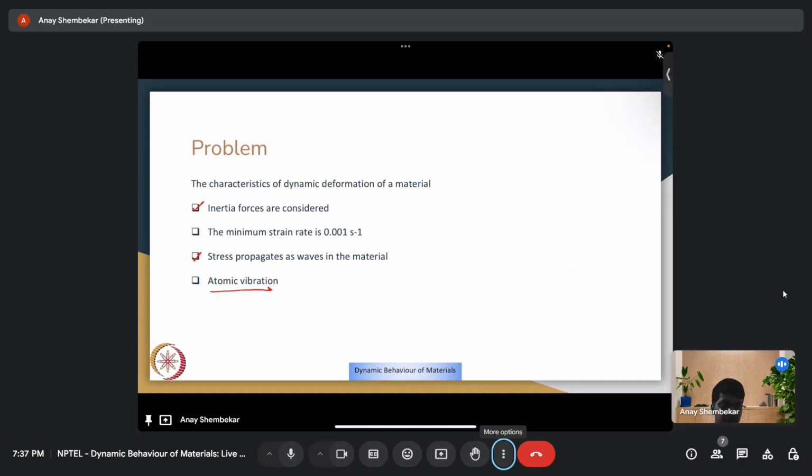If you look at it microscopically, there will be some sort of atomic vibration that helps us get a picture of what is happening, whether we apply quasi-static or dynamic deformation. But the key characteristics from a continuum point of view would be consideration of inertia and wave propagation being observed in the material.